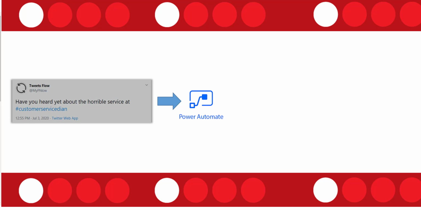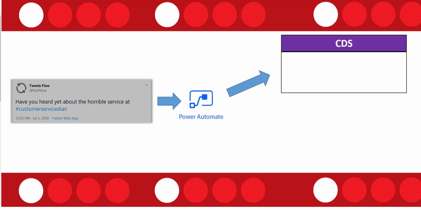And if the sentiment of the particular tweet is negative, if it's under a particular value, then it's going to query my CDS and take a look to see if I have the person that sent out that tweet in my database. I'm doing that by looking at the user ID for this particular person.